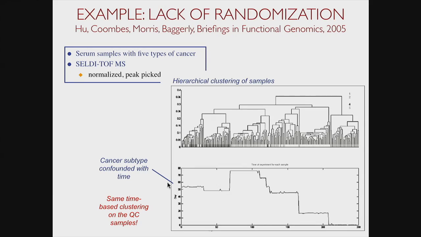But what they did after that, they looked at the same IDs, so they plotted the same IDs of the samples that they had here, but on the y-axis they plotted the day when each sample was acquired. And so you see that the samples cluster perfectly by the day of acquisition. So what I was saying before actually really holds, that the day of spectral acquisition plays a really important role in quantification.